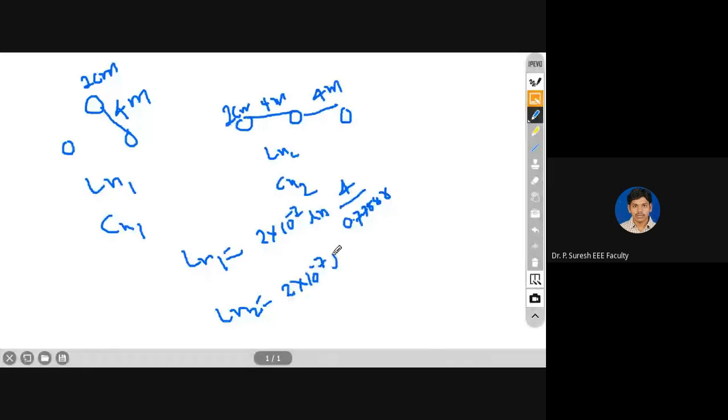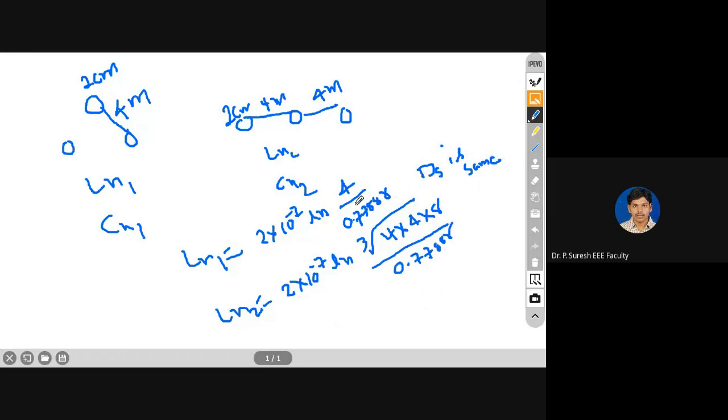Cube root of 4 into 4 into 8, divided by 0.7788 into R. If you observe both the cases, which is same? Ds is same, yes or no? Ds is called what? Self GMD. GMR is same.